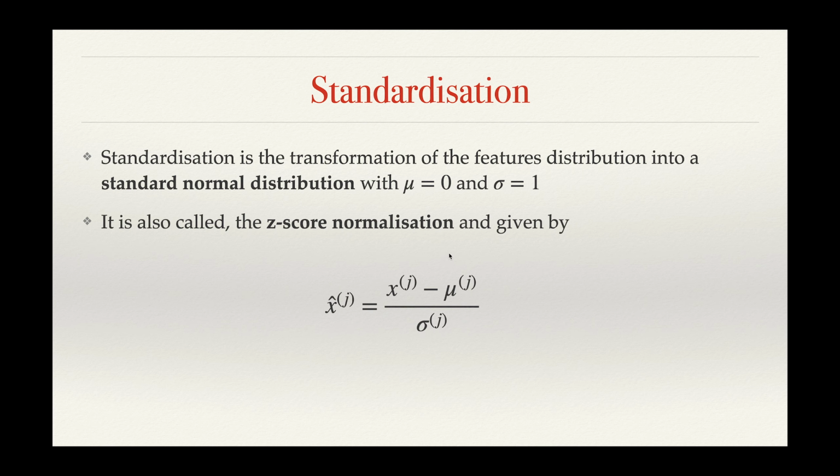So in this way, we transform the distribution of our feature xj into a standard normal distribution, by first shifting the mean of x to 0, and then dividing by the standard deviation, so we make the standard deviation equal to 1.